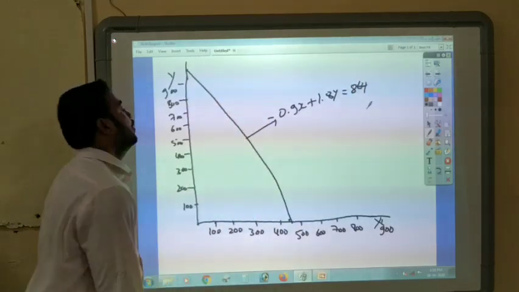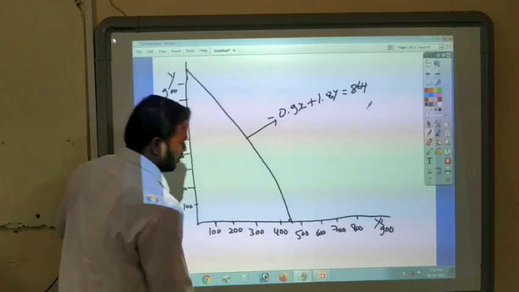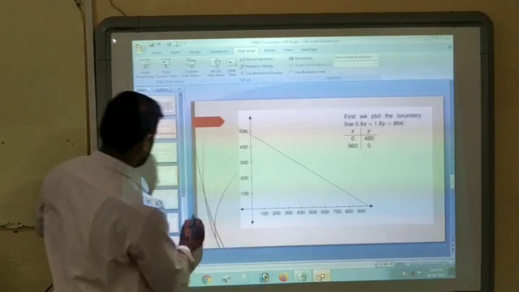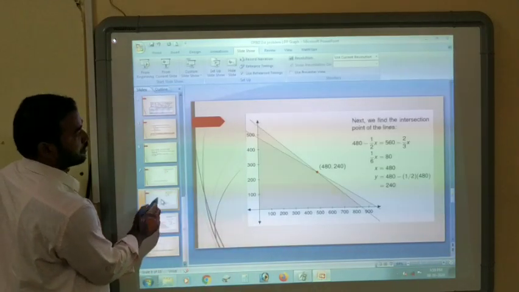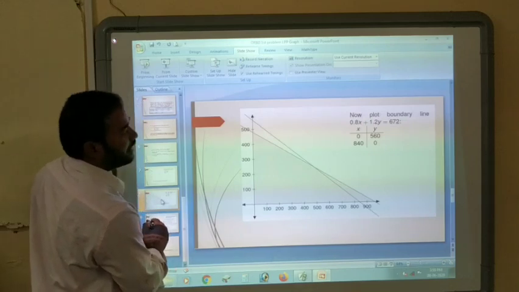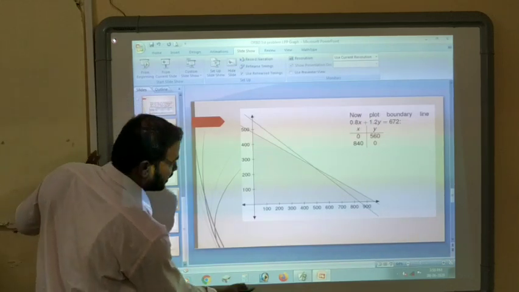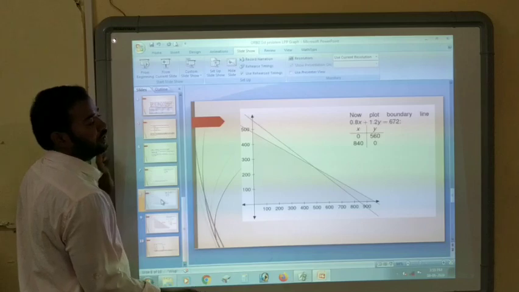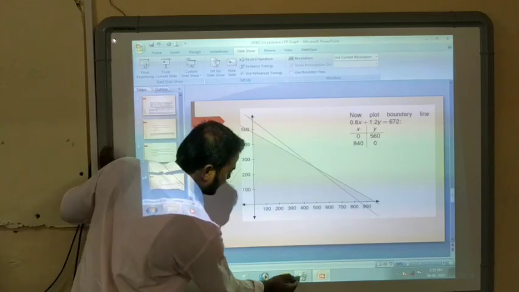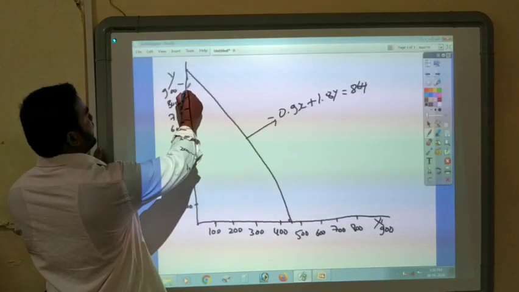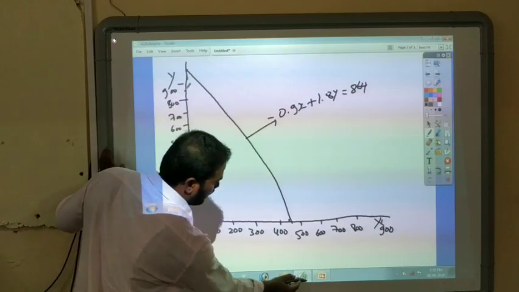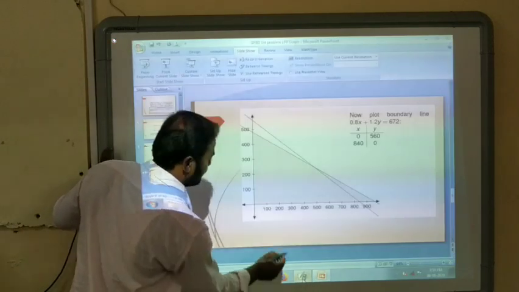Now, for equation number 2, we got the values: when x is equal to 0, y is 560. When y is 0, x is 840.